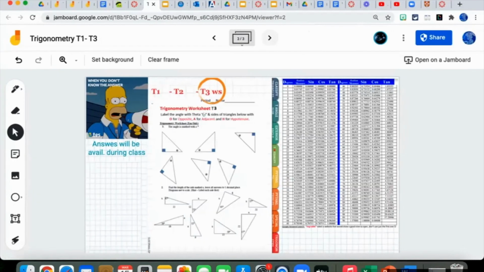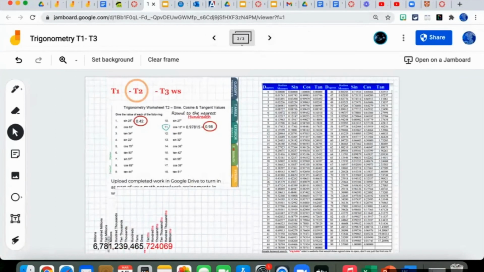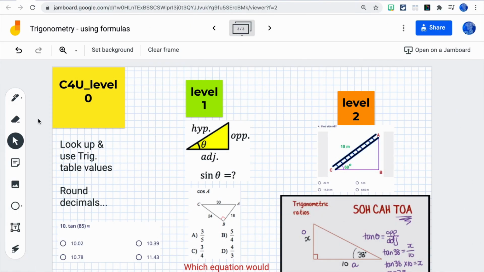T3 will be something that we work on after we master looking up the table values and rounding to the 100th that we mentioned. Different checks for understanding: Level 0, we will only ask you to look up the trig table values and make sure that you give the correct value for sine, cosine, or tangent, round the decimal to certain places like the 10th, the 100th, the 10,000th, and estimate the tangent.